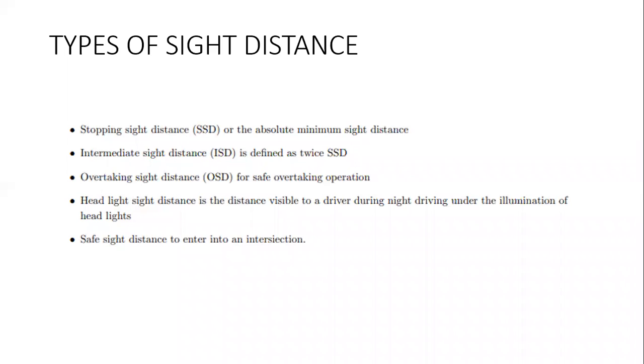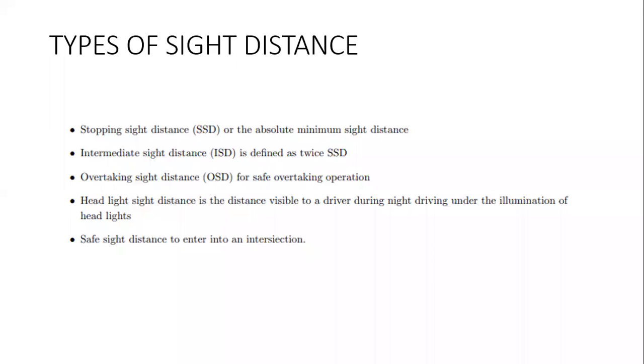I'll tell you what is stopping sight distance. Suppose you're driving a vehicle, and suddenly a cat or a dog, or some obstruction appears ahead of you. What will you do in that scenario? You will stop the vehicle, right? But you should stop in such a way that you do not collide with that obstruction.